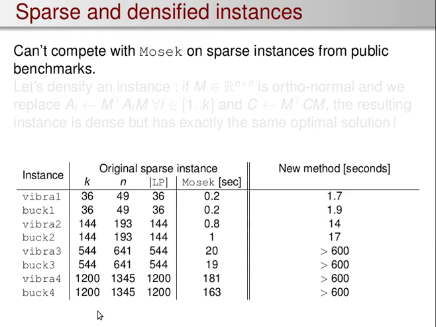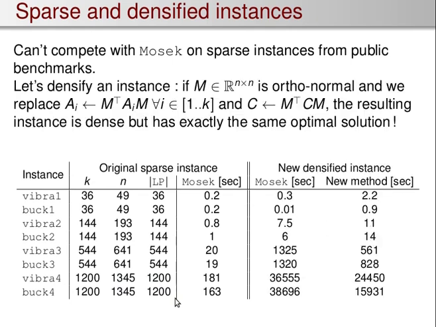I cannot compete with Mosek on sparse instances from public benchmarks. If they have k and n and the number of LP cuts around 1000, it solves in 3 minutes thanks to huge work in sparsity. But let me densify an instance. Let me take some orthonormal m.